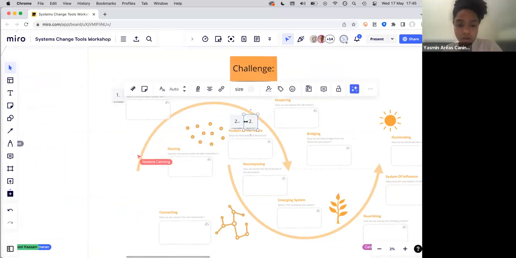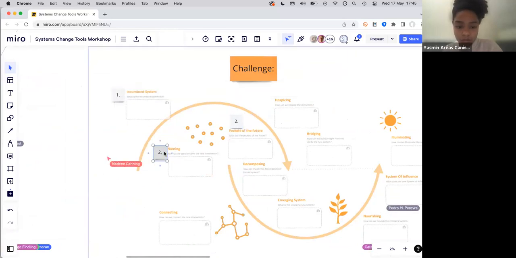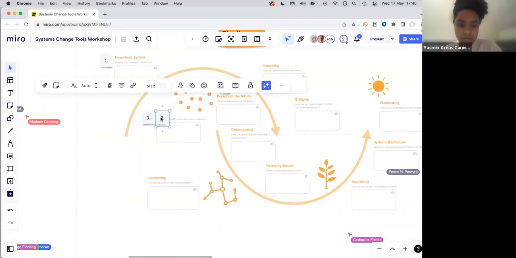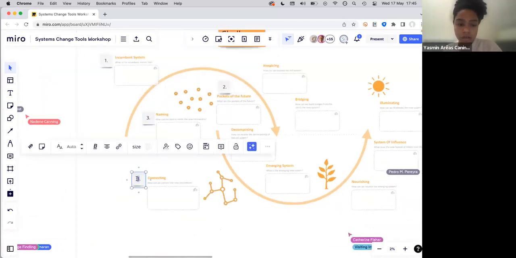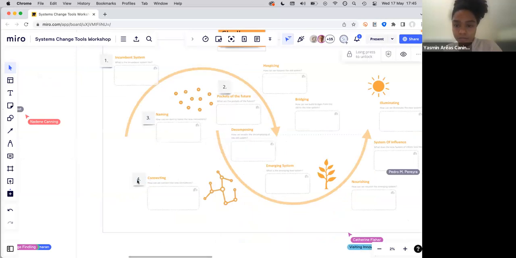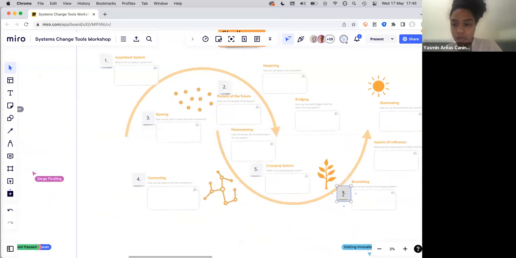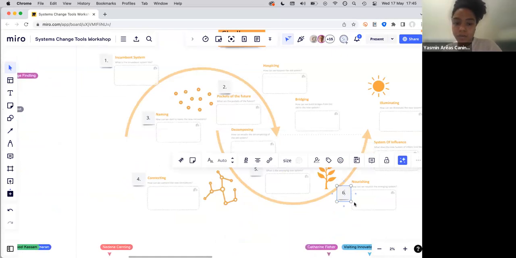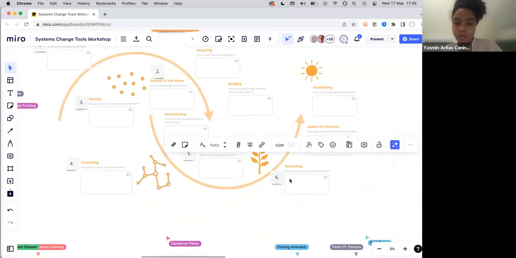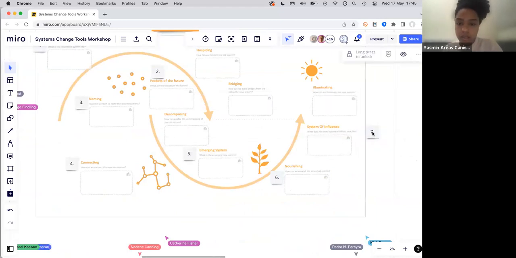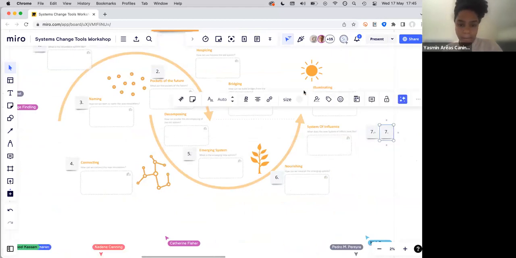And then you go from pockets of the future and then naming, adding the numbers here so we can go in this order. And then you can identify the representative that is going to come back to the main room afterwards to share the main insights that you had from the discussion in the breakout rooms.